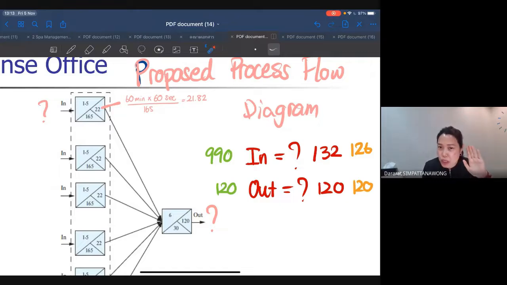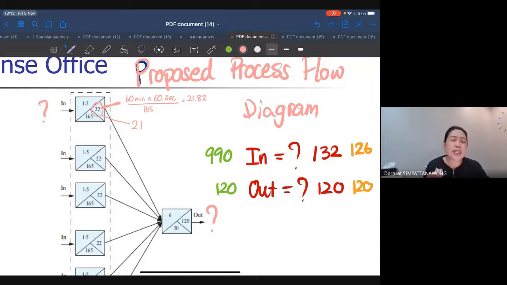Does anyone disagree with this? So this has to be changed from 22 to 21. You cannot write 22 for the capacity, because in 1 hour, even though you need only 1 or 2 seconds to finish, in reality you are not finished.